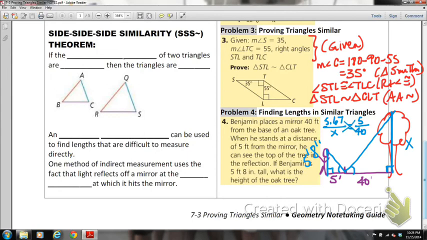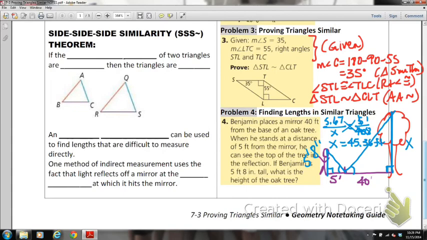Let's reduce this first, that'll make it easier, because 5 goes into 5 one time, and 5 goes into 40 eight times. Then when we cross multiply, you're going to get x is equal to 45.36 feet.